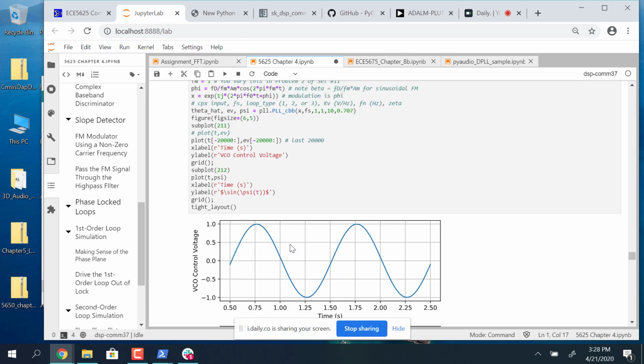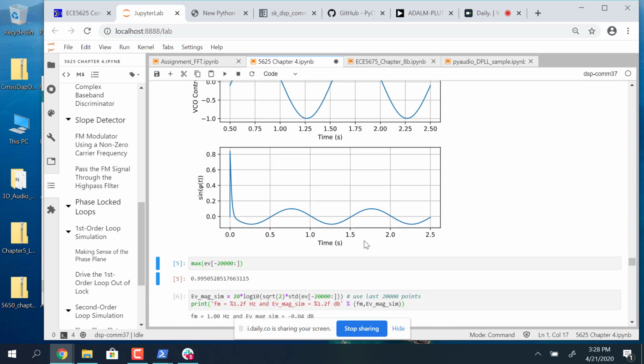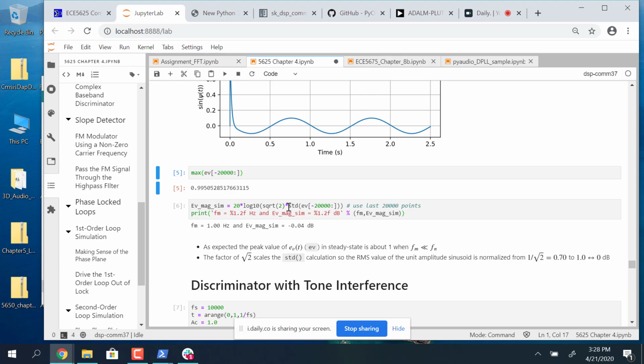You want to start a ways in, and then you want to get effectively the RMS value of this. So to get the RMS value of that sinusoid, I go down here and I compute the standard deviation using the STD function in NumPy, and that's going to be the RMS value.